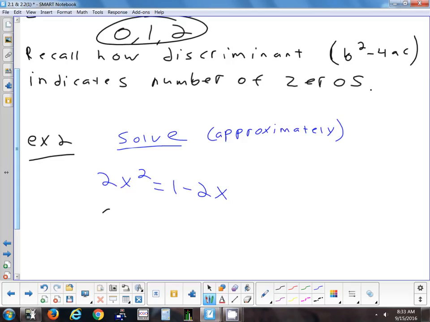So tell me how I would do that. Subtract 2x squared, and that would give me what? Negative 2x squared, plus 1 minus 2x. I like to write things in what's called descending order. So what you said is perfect, but I'm just going to write it like that.